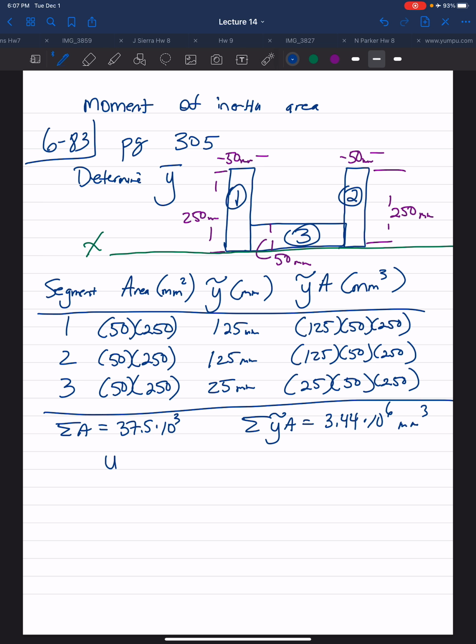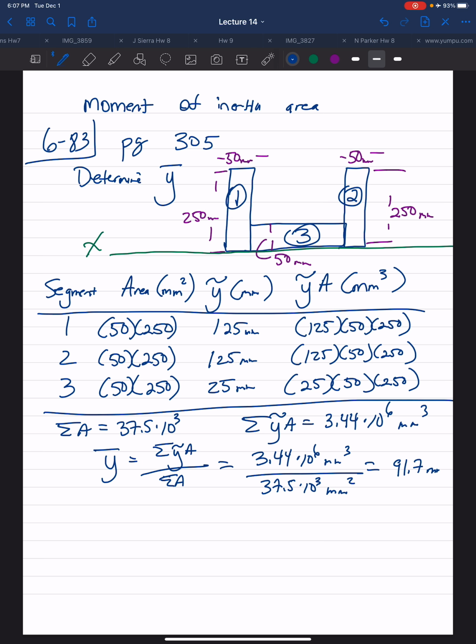So then our y bar is our sum of y wavy bar A over the sum of our areas. So it's 3.44 times 10 to the 6 millimeters cubed over 37.5 times 10 to the 3 millimeters squared, which yields approximately 91.7 millimeters.